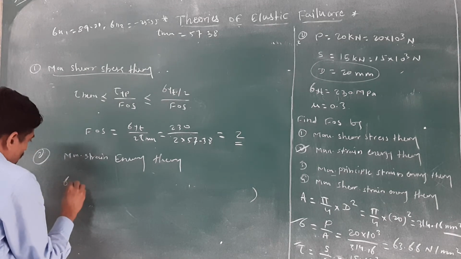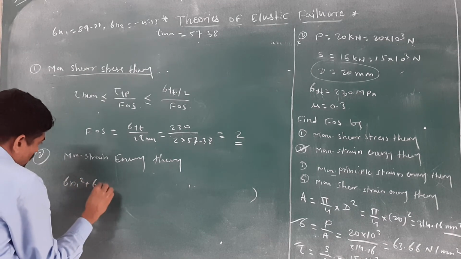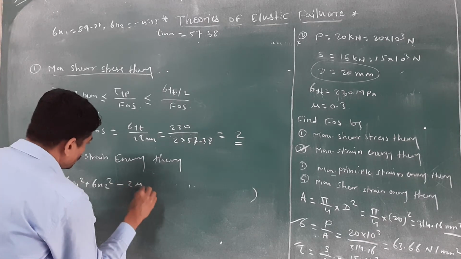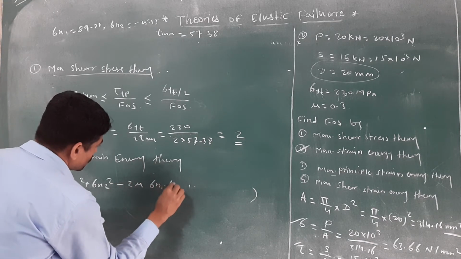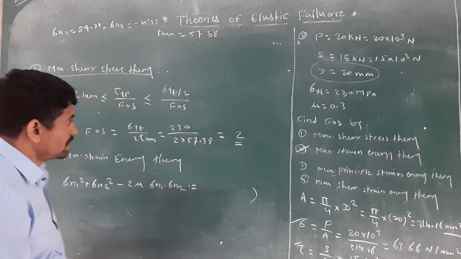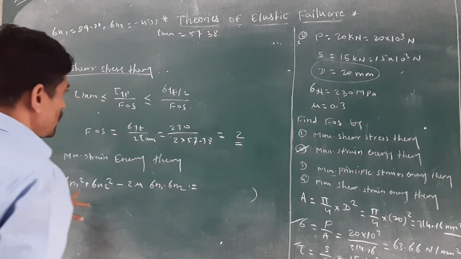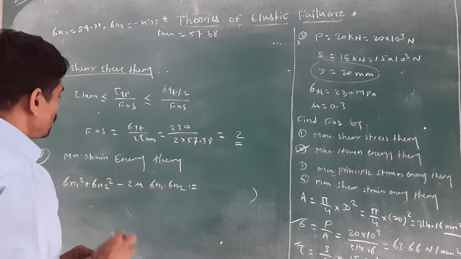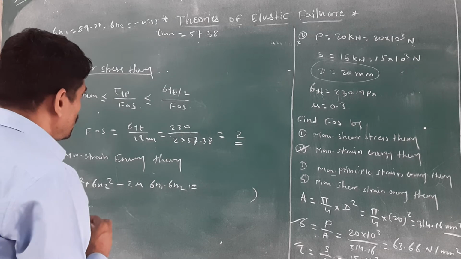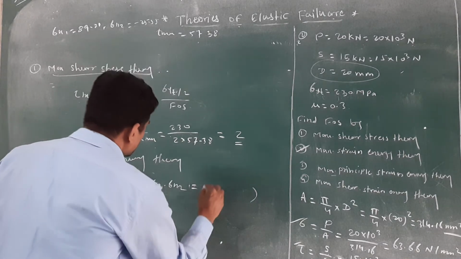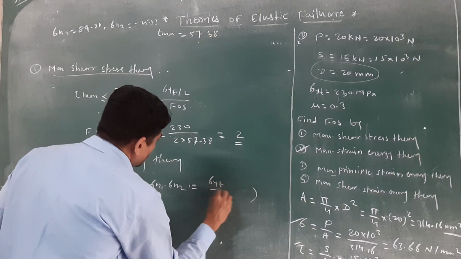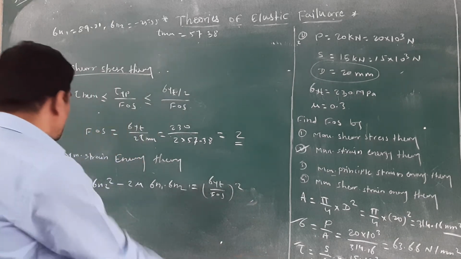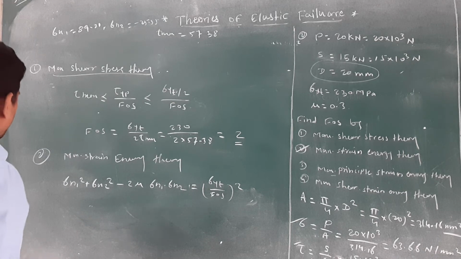Sigma N1 square plus sigma N2 square minus 2 mu into sigma N1 into sigma N2. You should remember the formula. Sigma N1 square plus sigma N2 square minus 2 mu into sigma N1 into sigma N2 is equal to (sigma yt divided by factor of safety) square. Here you have to put the values in this equation.